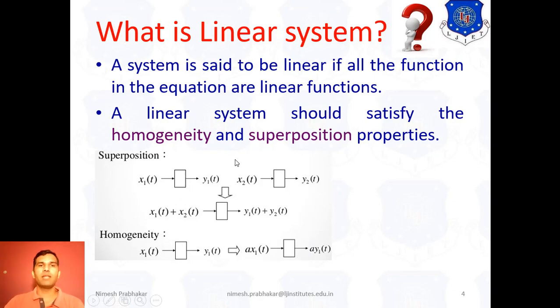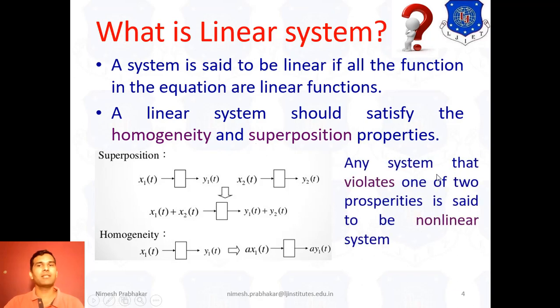So if any system satisfies these two properties, homogeneity and superposition, then that system is known as a linear system. And if any system violates one of the two properties, that means it does not satisfy the homogeneity property or the superposition property, then this system is known as a nonlinear system.